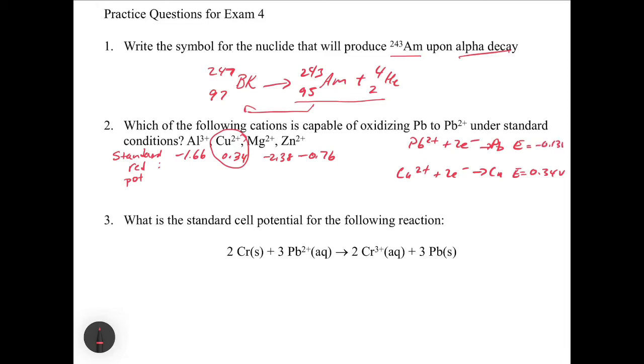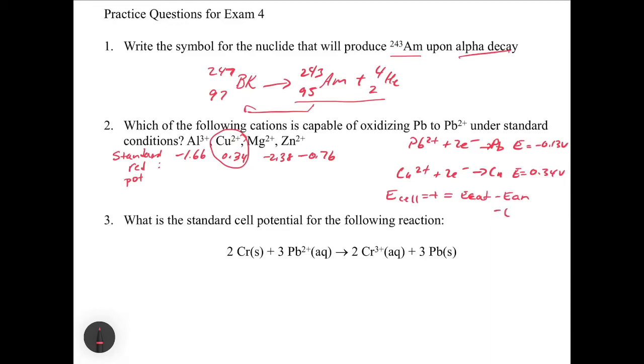In order for something to be spontaneous, we need an E cell that is a positive number, equal to the cathode minus the anode: E cathode minus E anode.